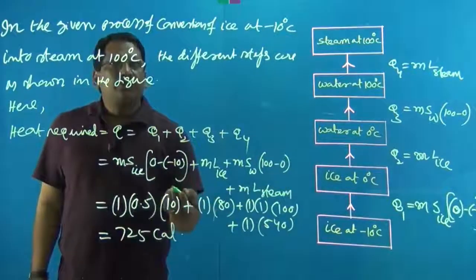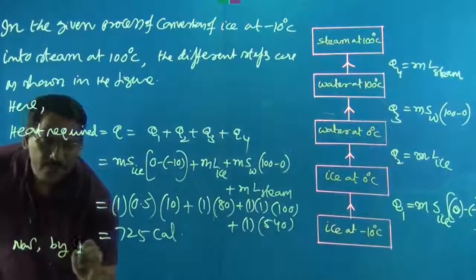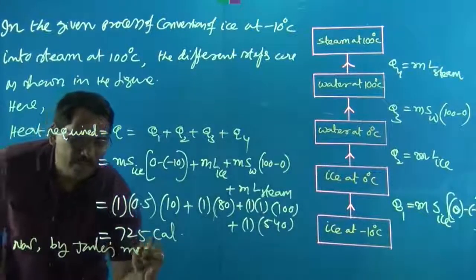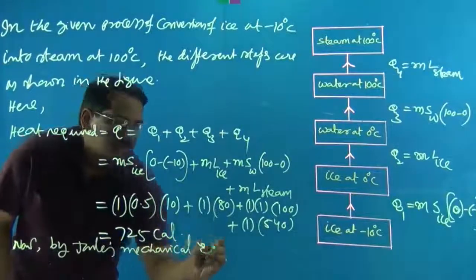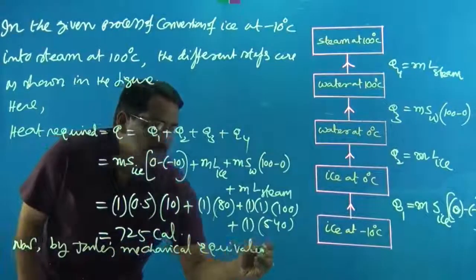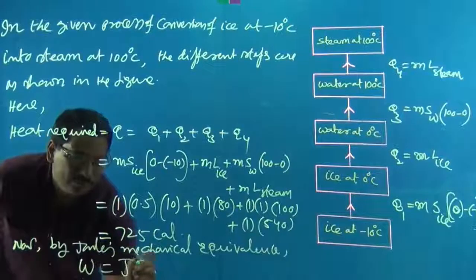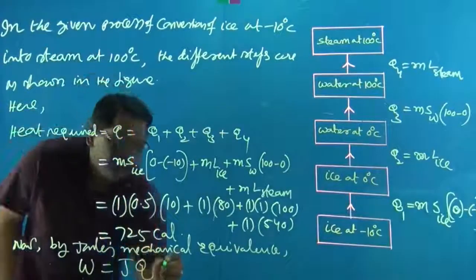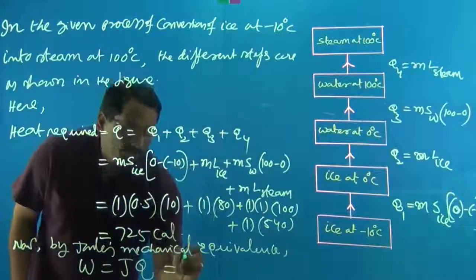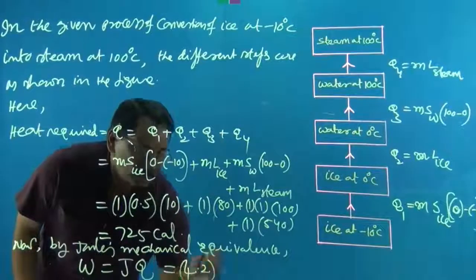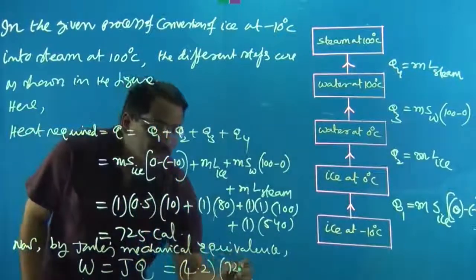And now let's use Joule's mechanical equivalence. By Joule's mechanical equivalence, we can say the work done W is equal to JQ, where J, we know, is 4.2 joule per calorie, into the heat in calories, that is 725 calories.